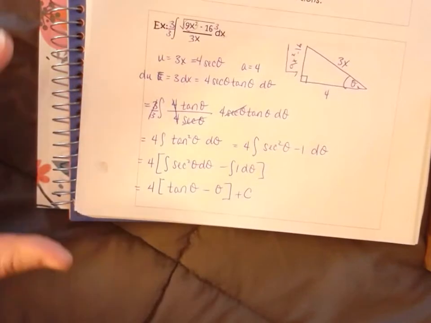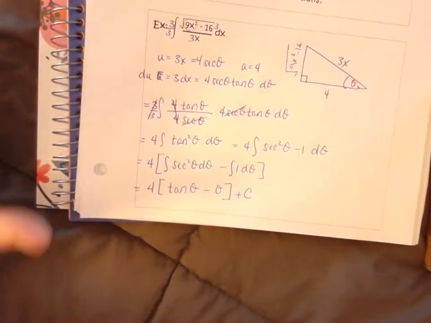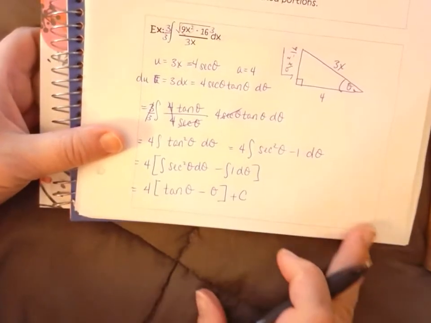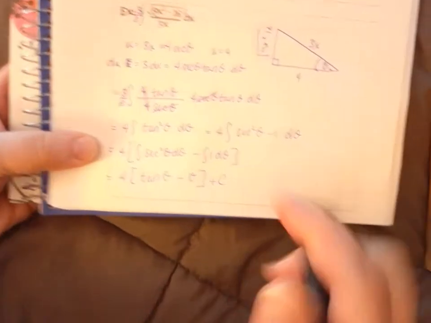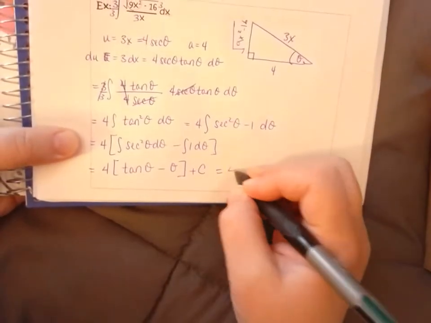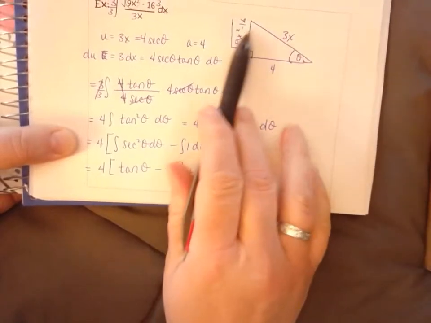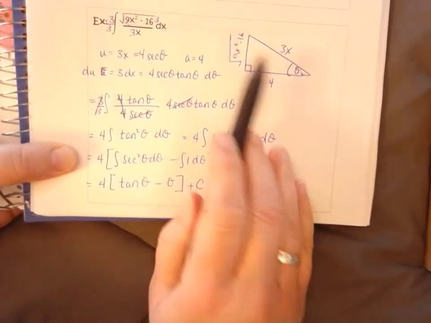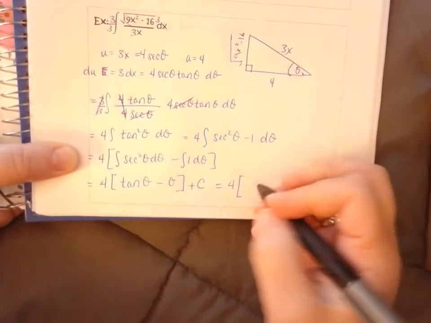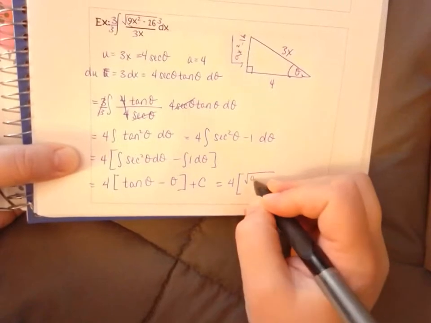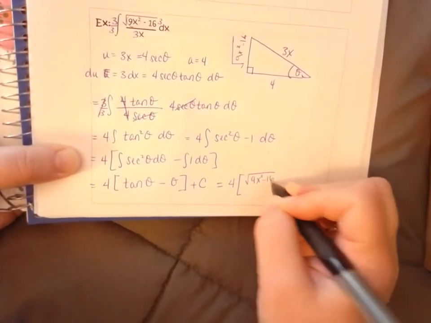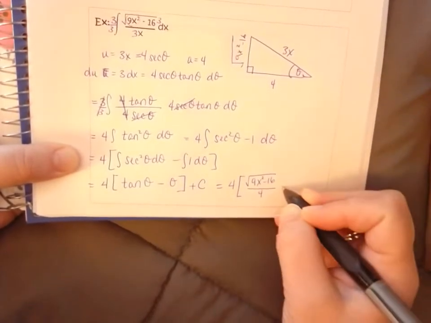Alright, so this brings us into a territory that we haven't encountered just yet. We haven't had theta by itself. We'll get to that piece in a minute, but first, let's substitute out tan. Tan, according to this triangle, would be opposite over adjacent. Square root of 9x squared minus 16 over 4.